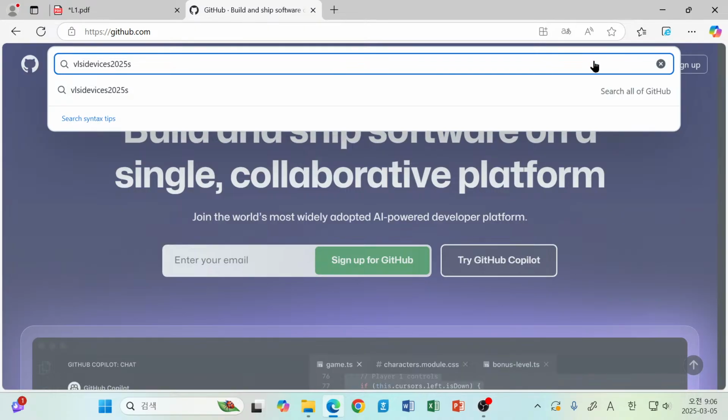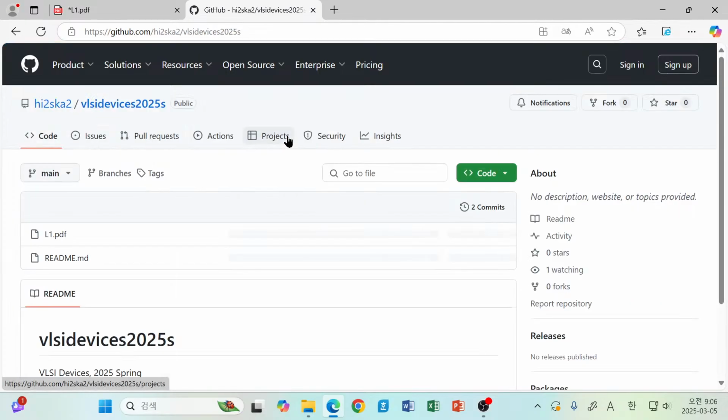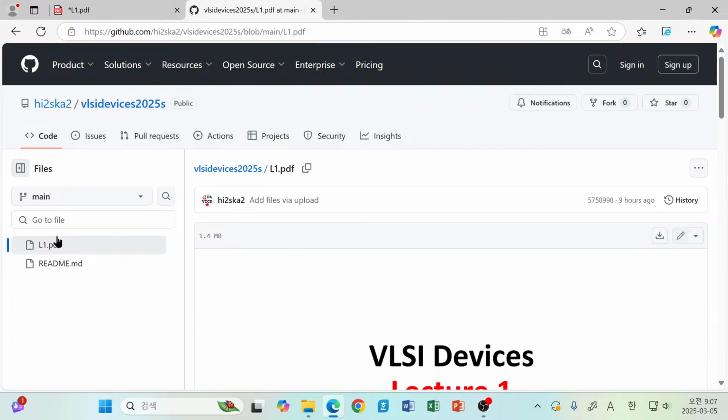When you enter, you can find my repository. Click it, and of course this is an almost empty readme.md, and here you have the lecture material. Usually I upload my lecture material just before the lecture starts, so maybe at midnight. So you can download it before joining this morning session.